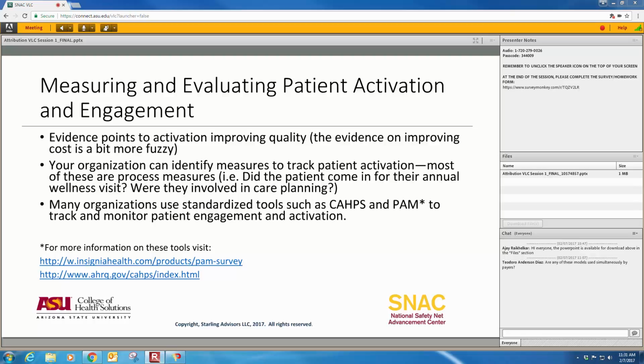The counter argument would be, well, if the deactivated patient is at a higher risk, then shouldn't we put more resources there? One of the things we think is going to evolve, and be one of the leading areas of research and interest in this field, is differentiated strategies based on different levels of activation.